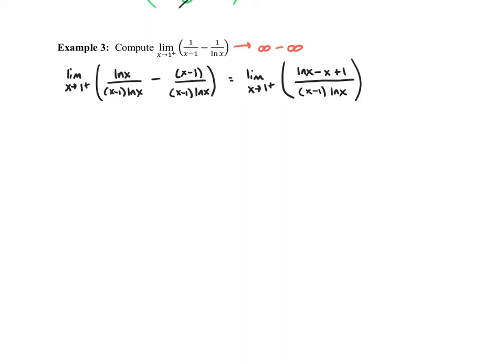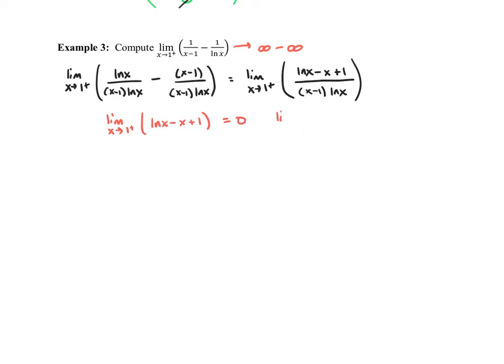The question is, did we successfully set up a 0 divided by 0 or an infinity divided by infinity situation? So let's take a look at the limit as x goes to 1 from the right of the numerator. Again, ln of x as x goes to 1 from the right is 0, minus 1 plus 1, and so we get 0.